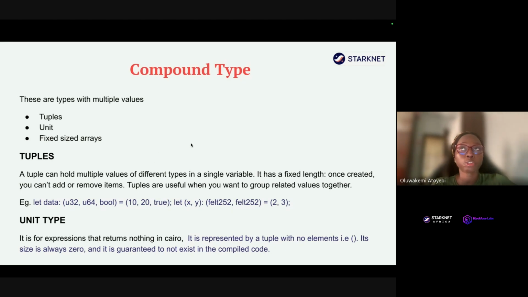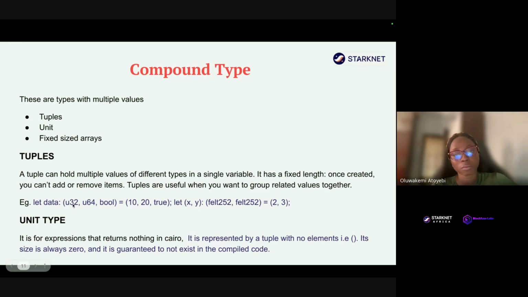So now, for you to write a tuple, you need a parenthesis, the circular one, or what we call the brackets. That is what tells your compiler that you are dealing with a tuple. Now you declare your variable, let data, and then you give the types that you want.